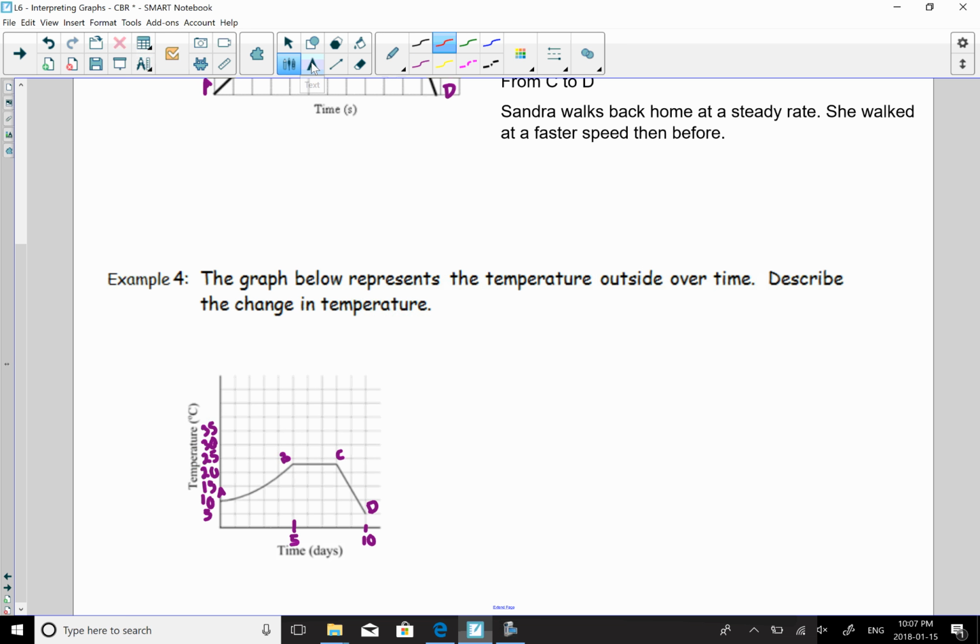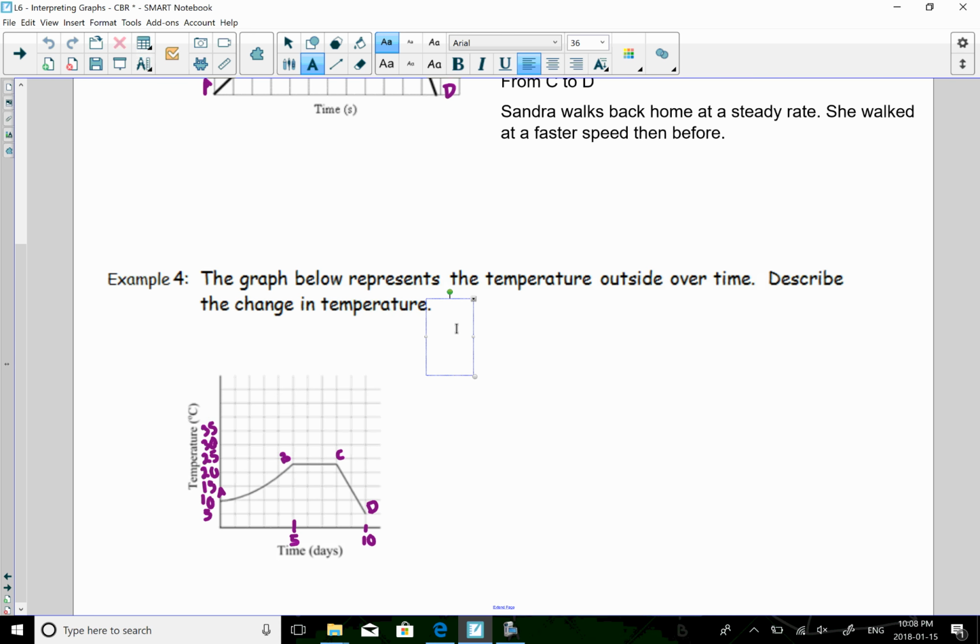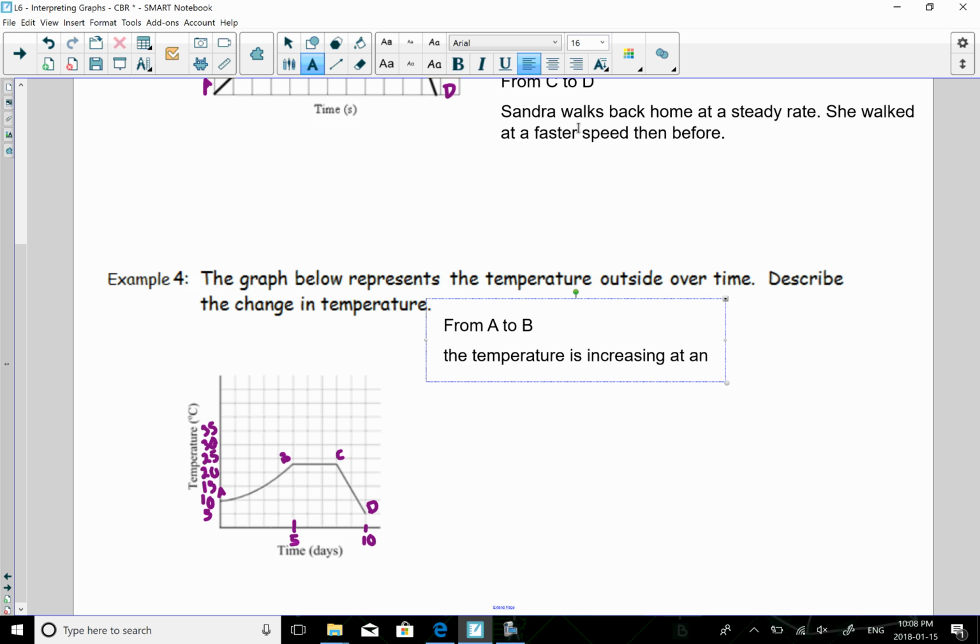So from A to B, the temperature is increasing at what we call an accelerating rate. It's accelerating because it's getting more steep.